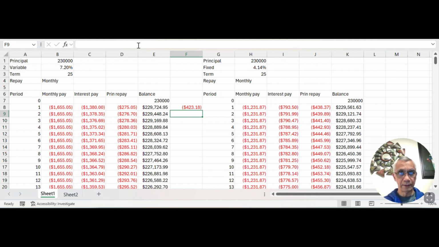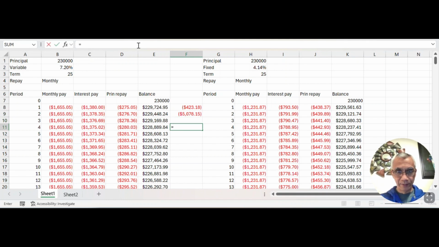Well, that's a lot. How much is that in a year? Times 12. 5,078. There's a lot we can do with 5,078. I would put that in my TFSA. Comment what you would want to do with 5,078. Maybe travel?